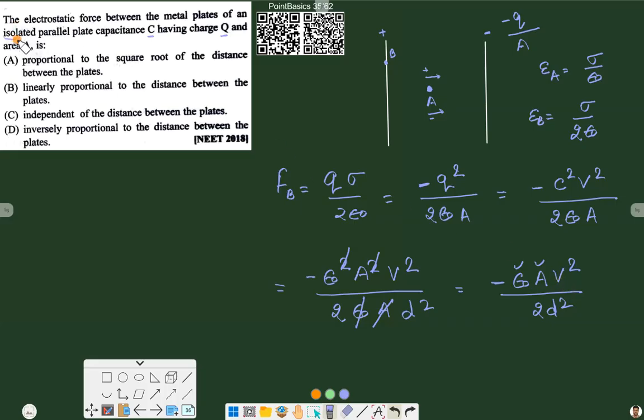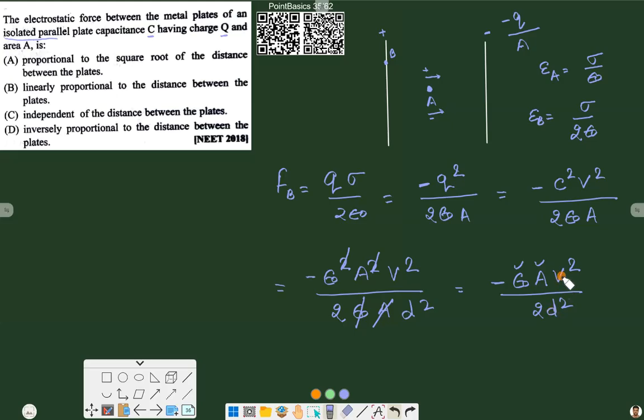Isolated means it is not connected to any battery, and if it is not connected to any battery, in that case potential is also variable. So V is variable and D is variable, so we cannot form any relation like this.